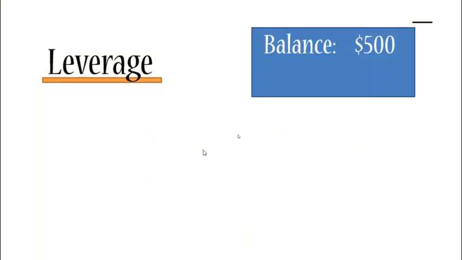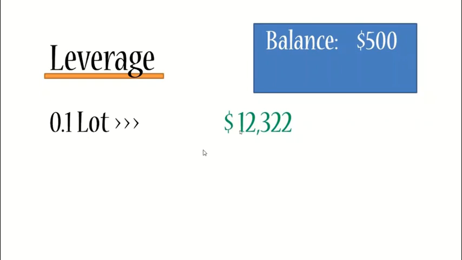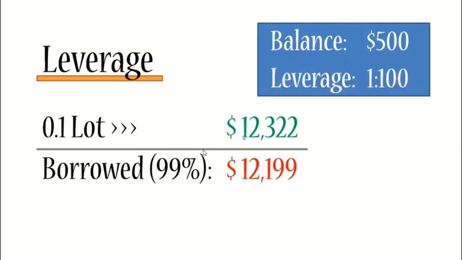Let's make an example here. Let's say you have 500 dollars in your account, and you want to trade one lot on a trade, and the lot is equal to $12,322. What happens here, if you have a leverage of 1:200, is the broker actually lends you 99% of the amount that is needed to trade.